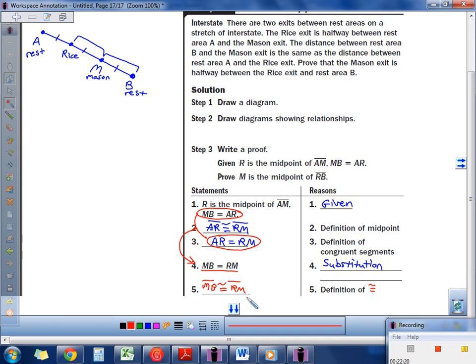So this piece right here, M is the midpoint of RB. Why can I say that? Because, we've already seen it once more. This is the definition of a midpoint. And we're done with that one.